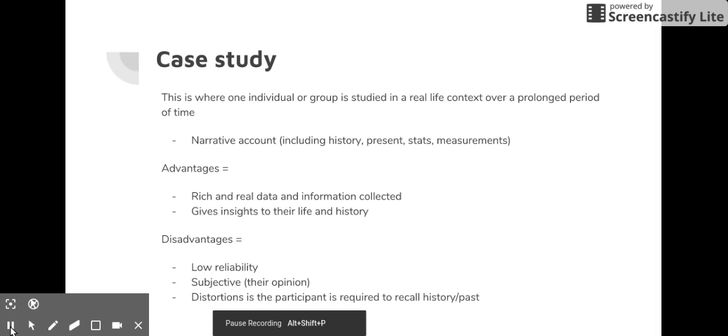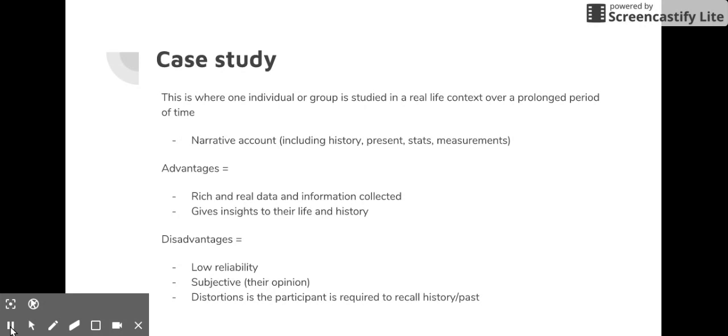So the disadvantages would be it's low reliability, because you'll have the stats of their performance, but you won't have any extra information to back up what they're saying from their history. So they could be making everything up, but you can't think otherwise because you weren't there or you didn't know.